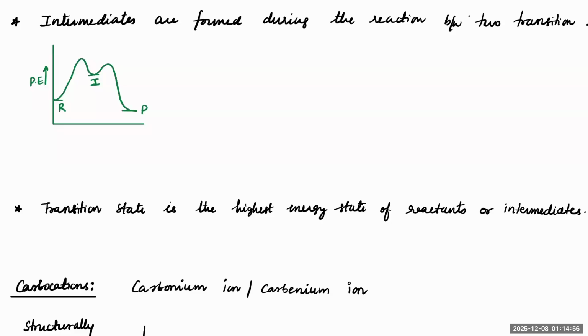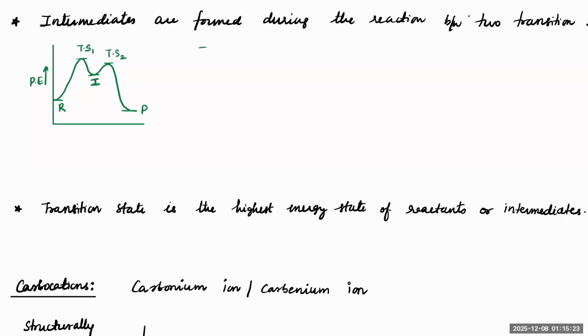So you can see this highest potential energy state is called the transition state. And this is also a transition state. Now remember, an intermediate is always formed between the two transition states. That's what I have defined. Clear? I hope all of you understood the definition. What exactly is an intermediate?